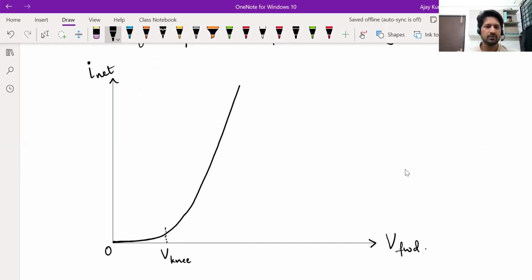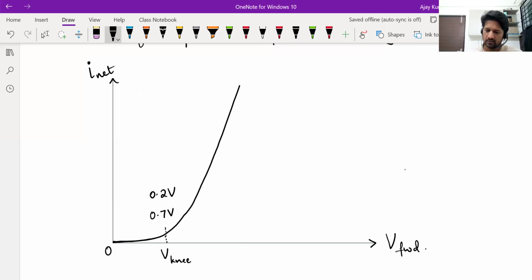Usually, for a silicon based PN junction, this is about 0.7 volts. For a germanium based PN junction, it is about 0.2 to 0.3 volts, approximately 0.2 volts. Beyond that forward bias only, you will see significant current through the PN junction.